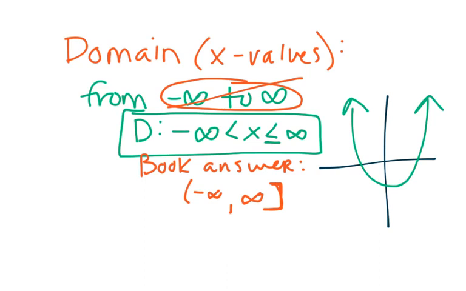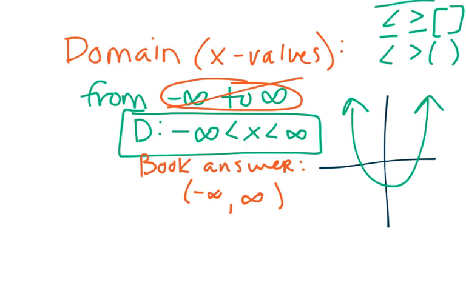So the idea is, in this notation, that if you have any less than or equal to's or greater than or equal to's, you're talking about brackets. But if you have any less thans or greater thans, you're always talking about parentheses. So again, that's just the idea that the book has. And if you don't understand that, that's okay. I do not teach that notation necessarily, but it will be used at some point in your text.